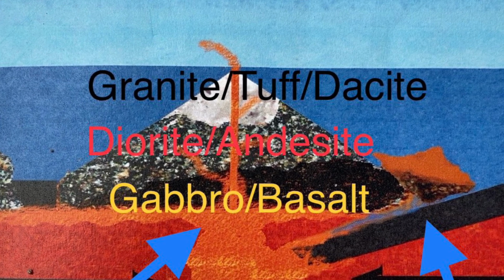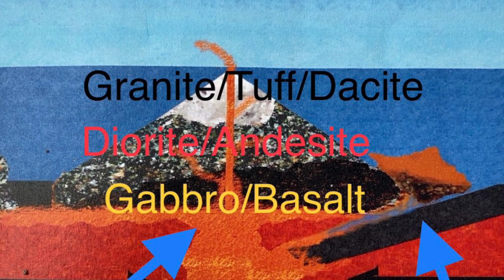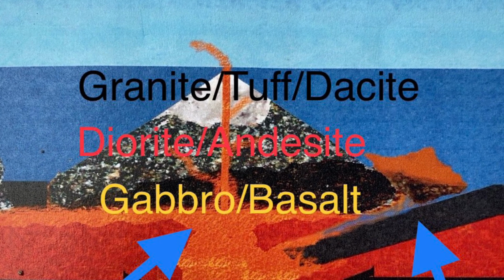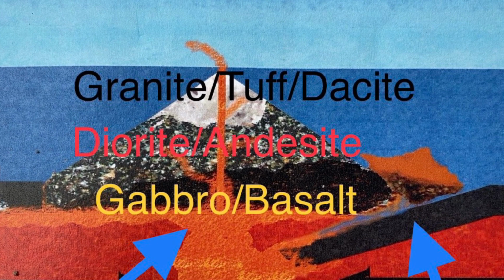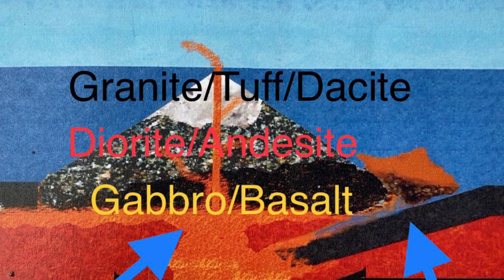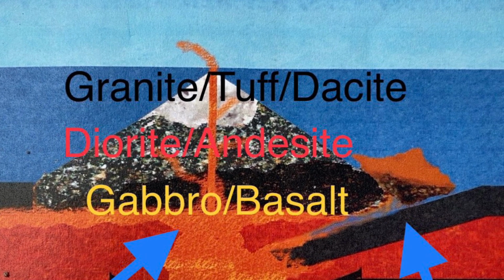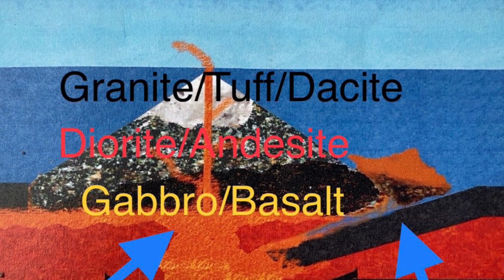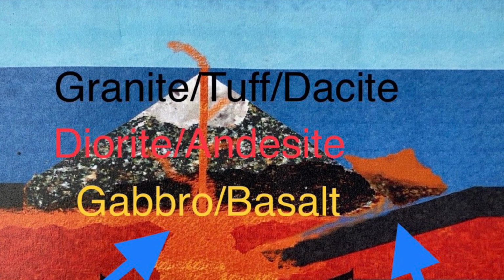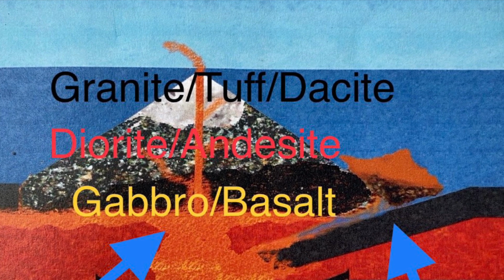And at the bottom, you get gabbro and basalt. Now, these are generalizations, and I've really simplified the whole thing, but this is the general idea. And if you can get this into your mind and keep it, you will have some really good knowledge about igneous rocks. Okay, rock buddies, that's the scoop on the igneous rocks that are produced at subduction zones.